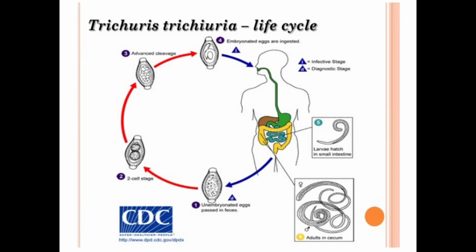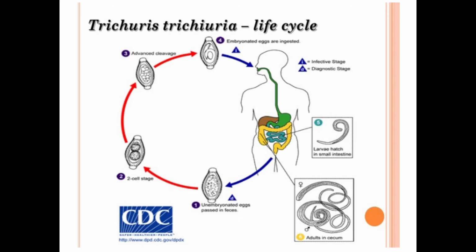Next is the life cycle of Trichuris trichiura. The adult worms are approximately 4 centimeters in length and live in the cecum and ascending colon.